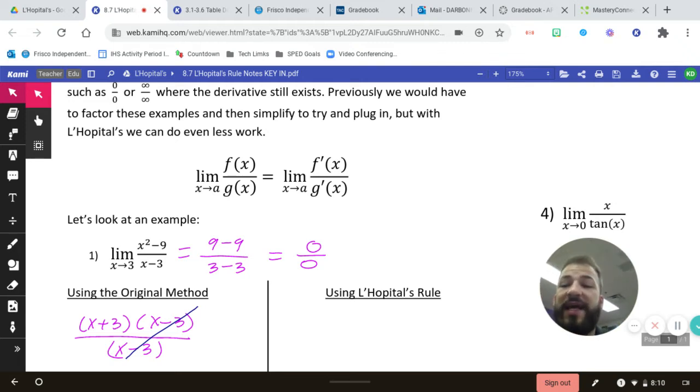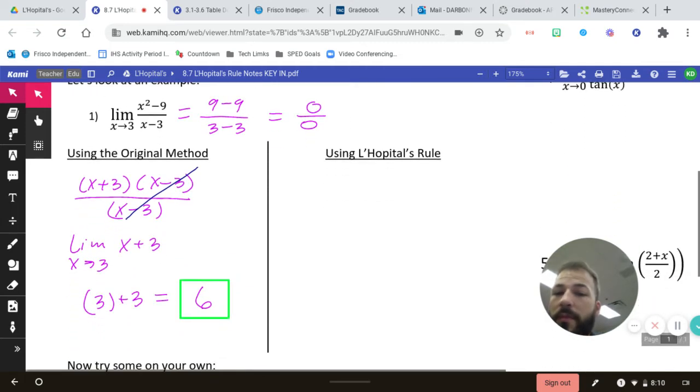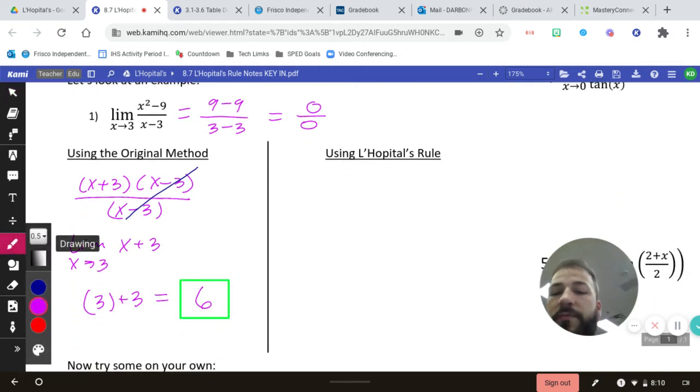Okay, so let's actually see this in action. If I wanted to evaluate this using L'Hopital's, I already got that 0 over 0, so I would derive the top, which would be just 2x. We have 2x over the bottom. The derivative of x minus 3 would just be 1.